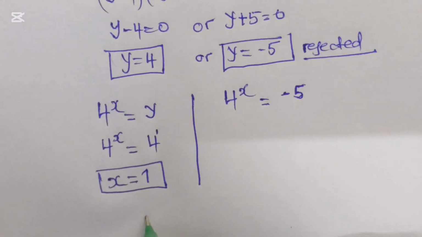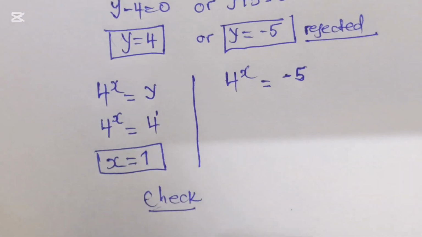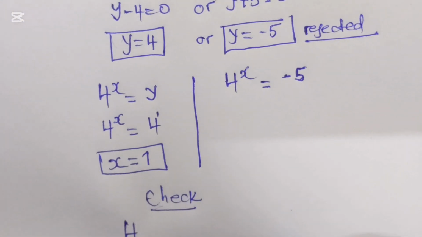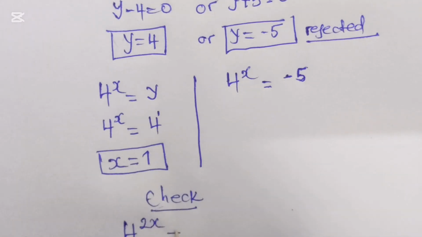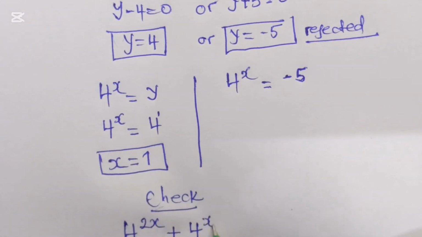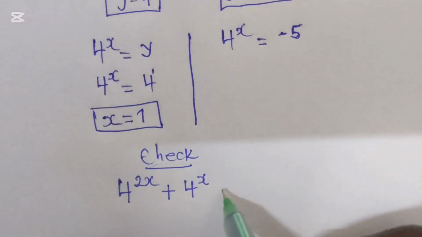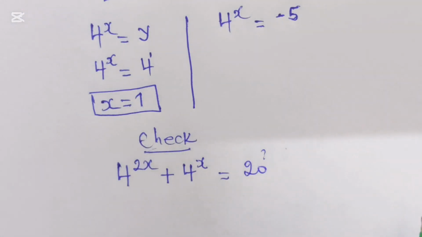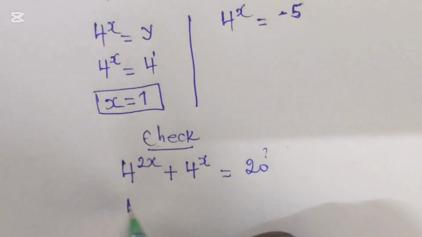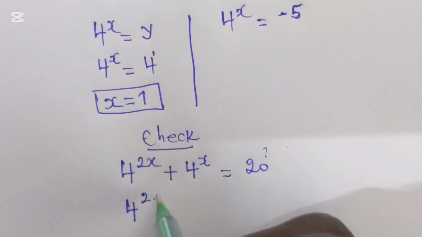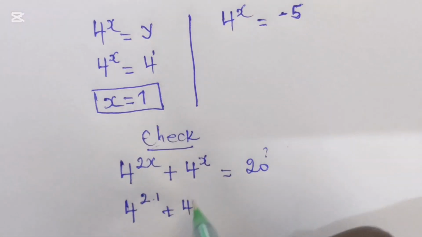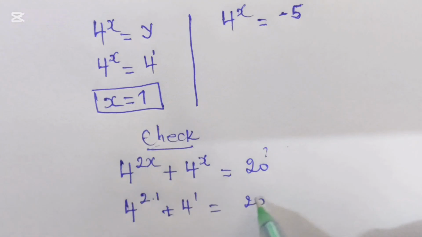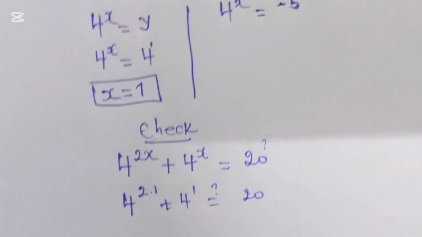Here, if we check to see if our answer is correct, we can say 4 to the power of 2x plus 4 to the power of x is equal to 20, question mark. Then 4 to the power of 2 times 1 plus 4 to the power of 1 will be equal to 20, question mark.